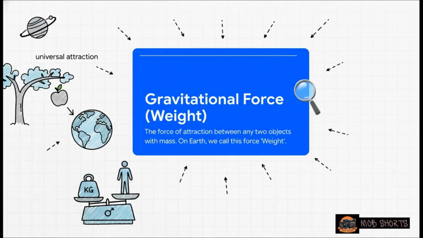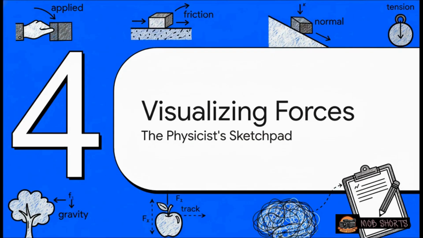It's this universal attraction between any two things that have mass. And here on Earth, we have a special everyday name for the gravitational force pulling on an object. We just call it its weight. So remember, when a problem asks you for an object's weight, it's really asking for the force of gravity acting on it.